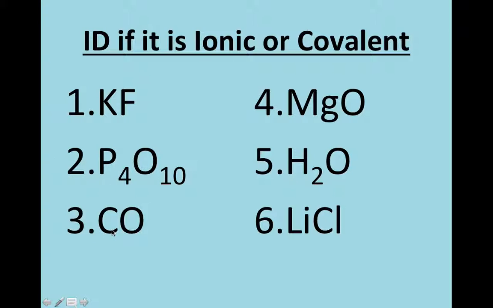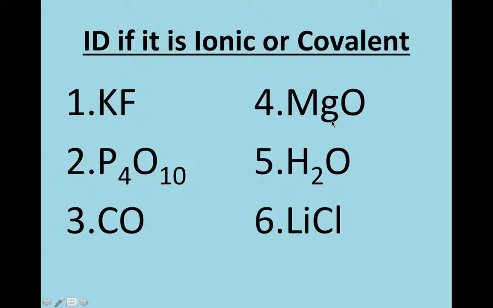Number 3, C, carbon. Now, carbon's one of those ones that could go with a charge plus or negative 4. But carbon is on the right side of the stair-step line. Carbon is a nonmetal. So carbon and oxygen, that's carbon monoxide, that's a covalent bond.